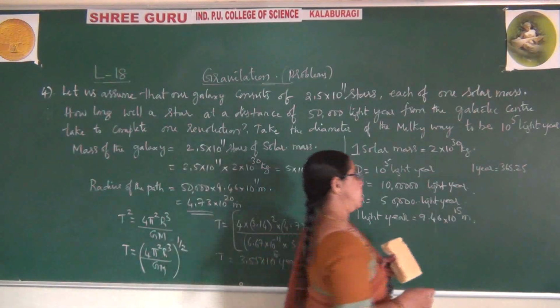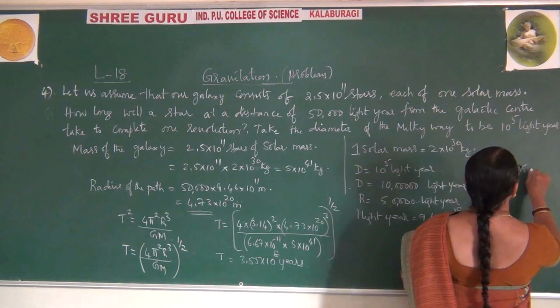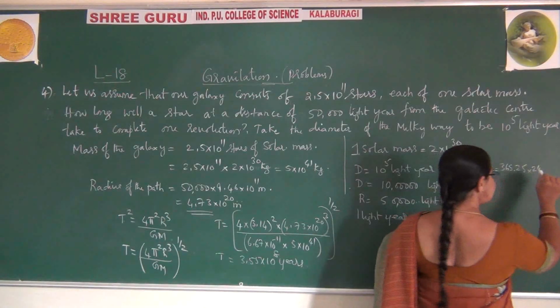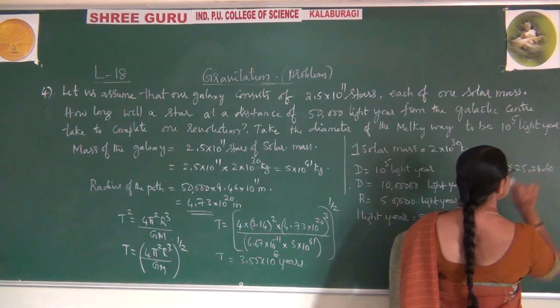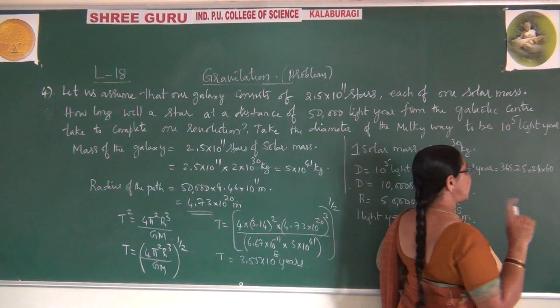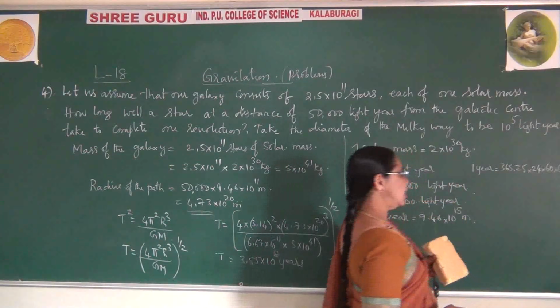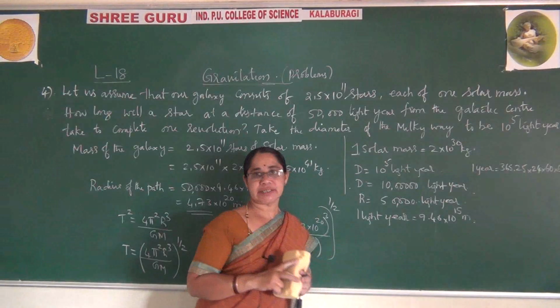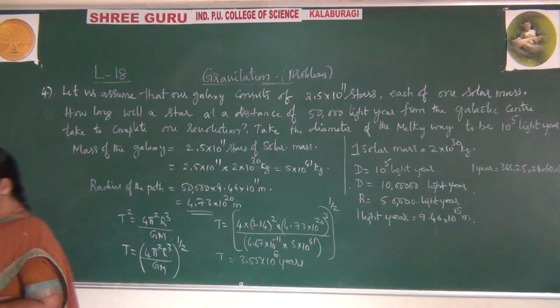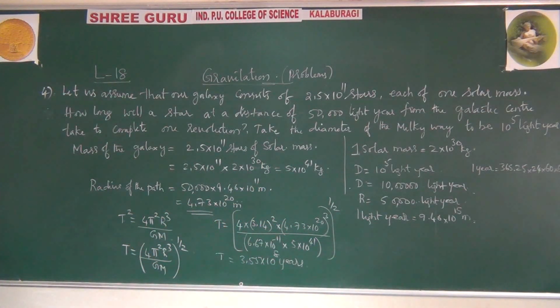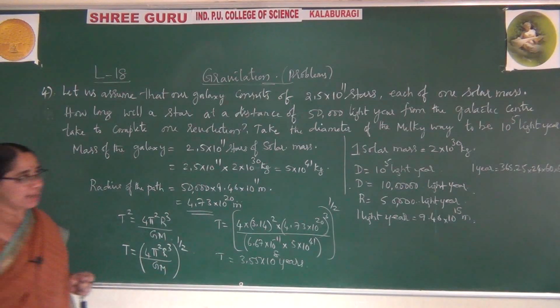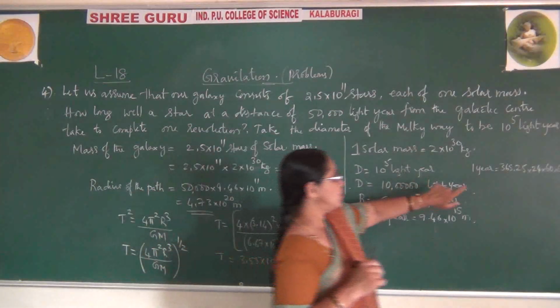So 1 day means it is 24 hours. 24 hours, in that 60 minutes, 60 minutes makes 1 hour, and 60 seconds, that is nothing but 24 into 60 into 60. This much you have to multiply. When you multiply this, you are completely converting into seconds. Please observe.